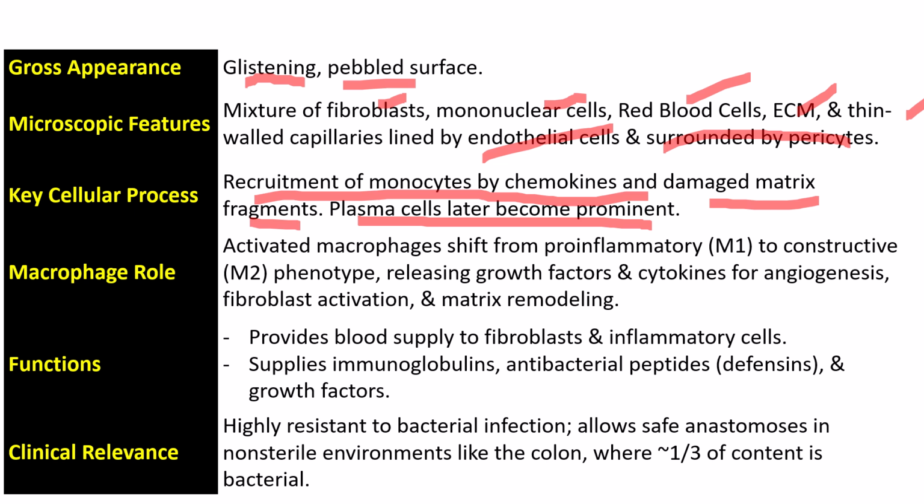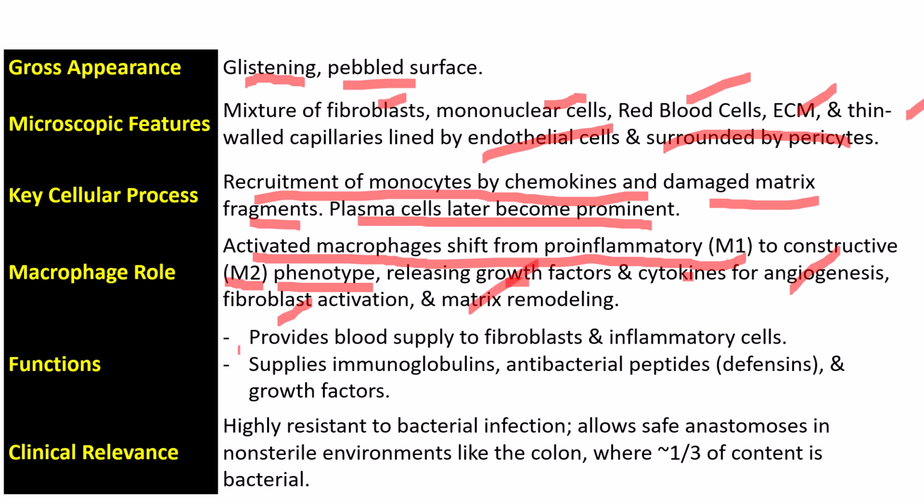There is a role of macrophages as the activated macrophages shift from pro-inflammatory M1 to the alternate or constructive type of macrophage that is called M2 type. They release growth factors and cytokines that are responsible for angiogenesis, activation of the fibroblast, and remodeling of the matrix.